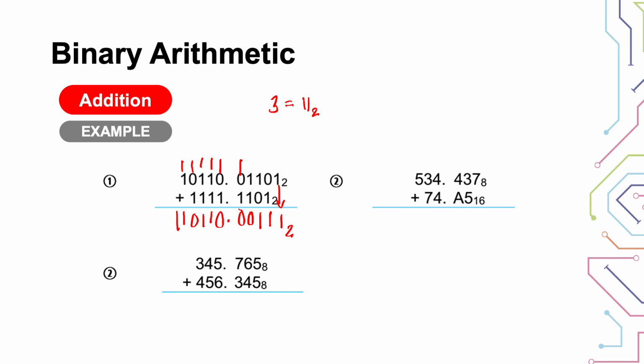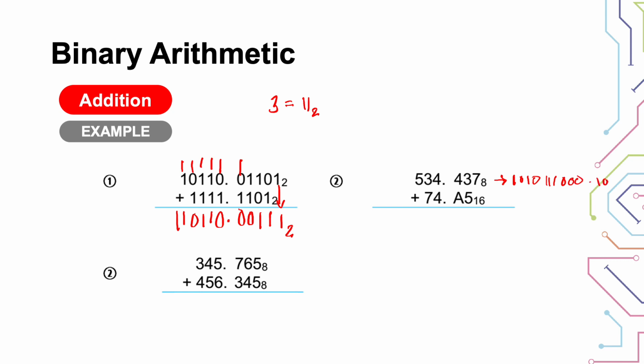Sa next example lang, ang problema is that we need to convert the number, no? Yung 534.437 with a base of an octal to binary. So need natin muna ito convert. So kung i-convert natin siya, yung equivalent niya is 1, 0, 1, 0, tatlong 1, and then 0, 0, 0 point.